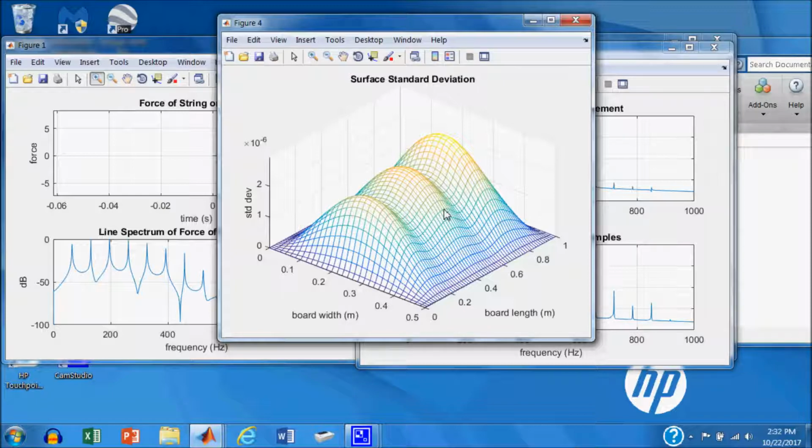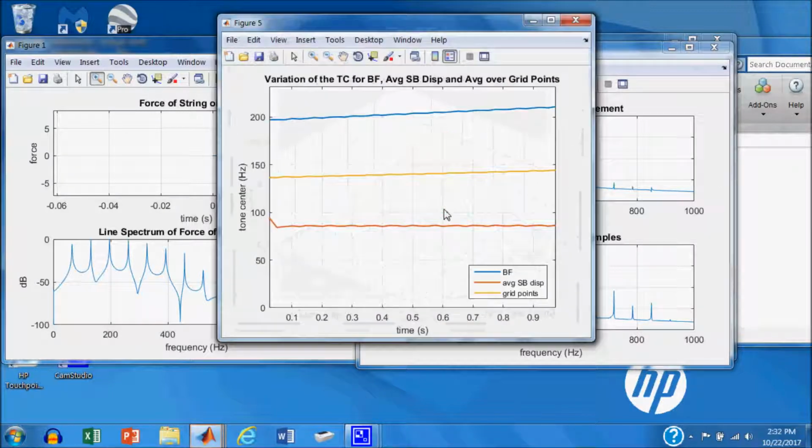And I think this next thing is going to be the sound of the average displacement. No, it's going to be the tone center. All right, we talked about the tone center many times before, but the tone center is the frequency about which the sound power in a wave is centered.